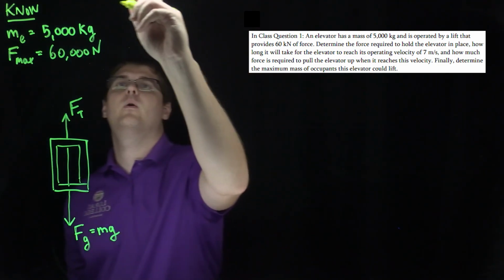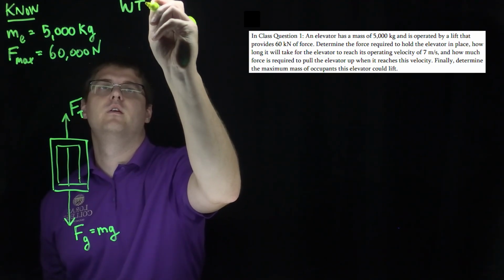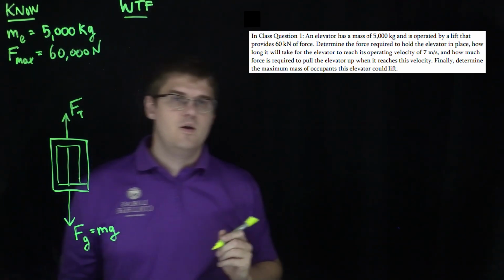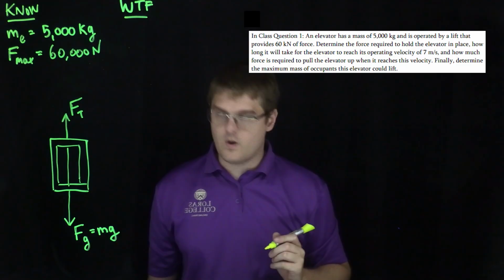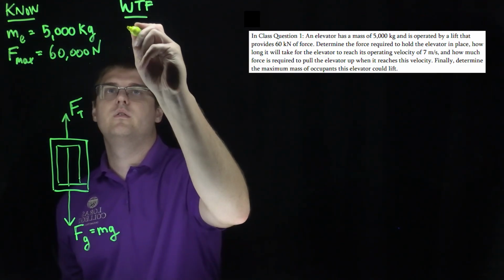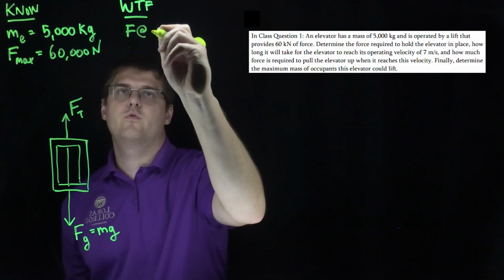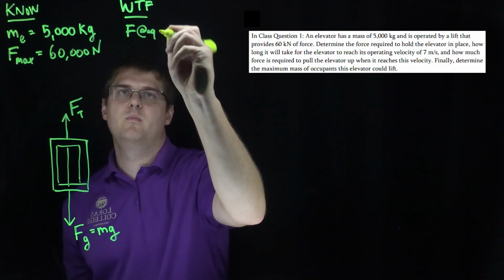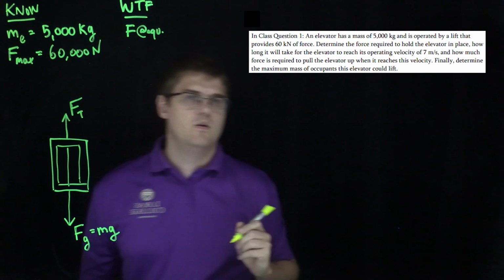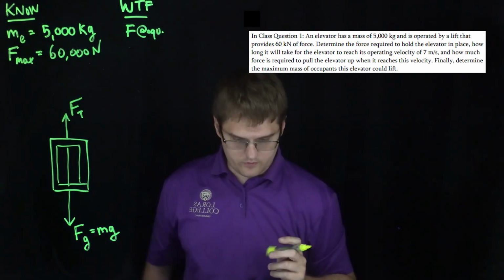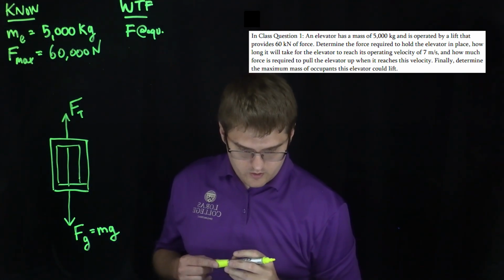Determine the force required. So we're now on to our what to find. Determine the force required to hold it in place. So force, we're going to call this force at equilibrium, is our first thing we're asked for.